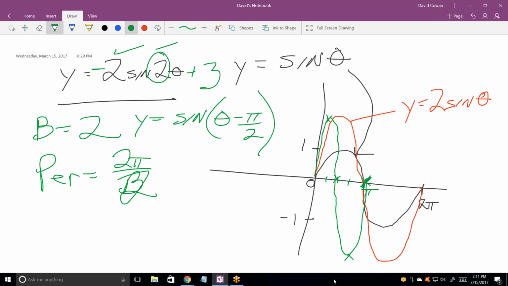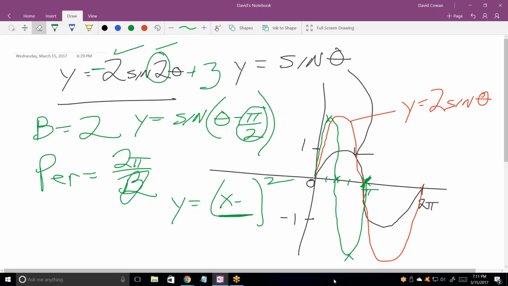Just like if I said y equals x minus 2 squared, that would be a horizontal shift of a parabola, right? And it's a horizontal shift because it's inside the parentheses. Same thing. That's a horizontal shift to the right by pi over 2.